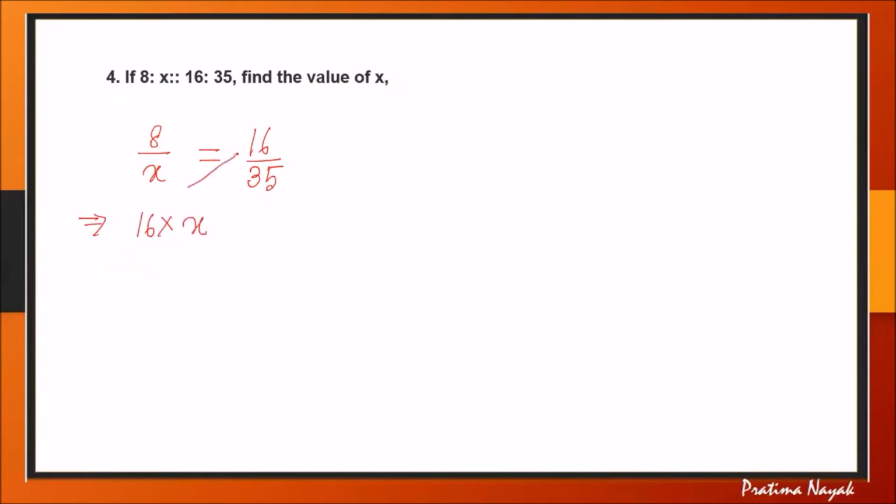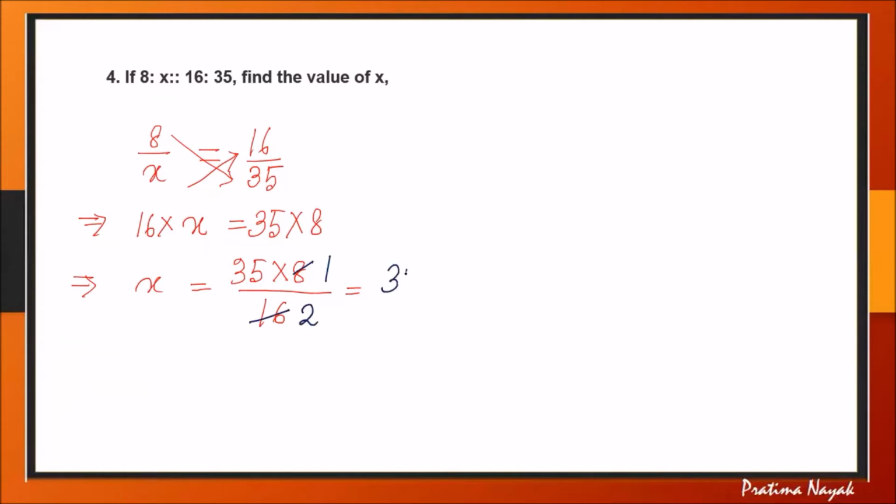So 16 multiplies x is equal to 35 multiplies 8, or x is equal to how much? 35 multiplies 8 division 16. So now you can cancel. With what will you cancel? You can cancel 8 and 16 by 8. So the answer is 35 by 2. So what is the value of x? x is equal to 35 by 2.